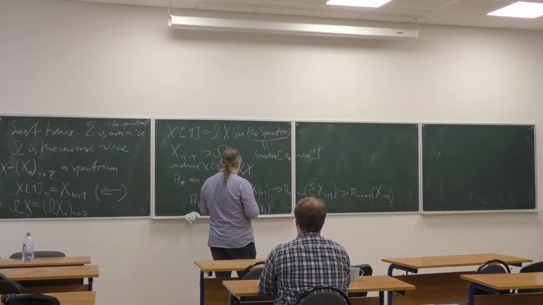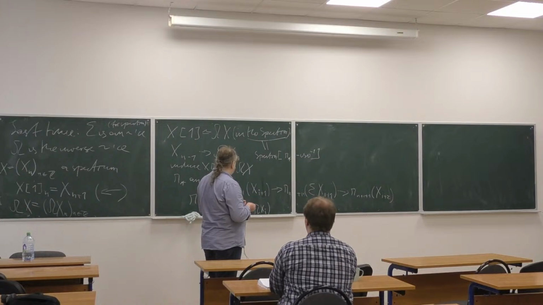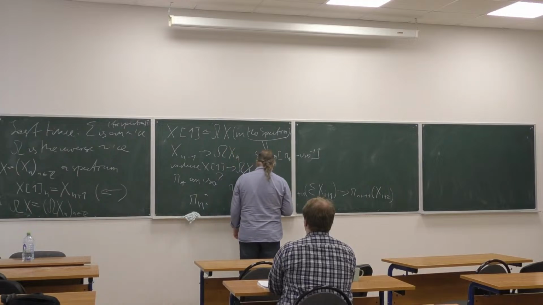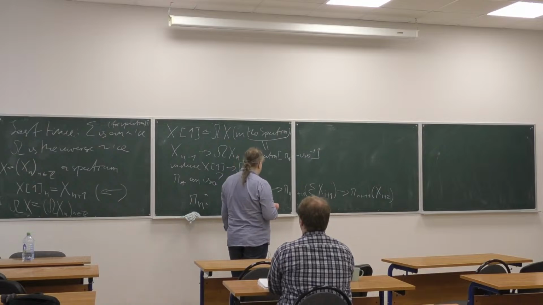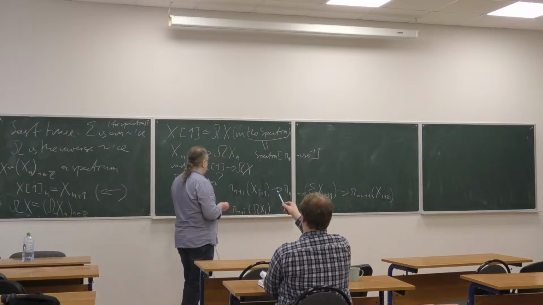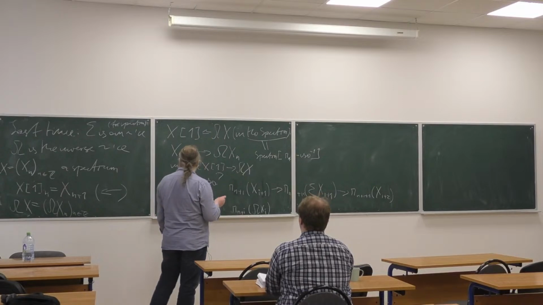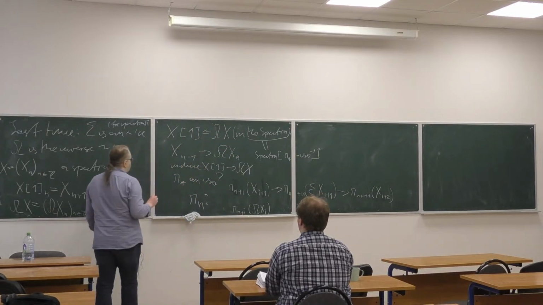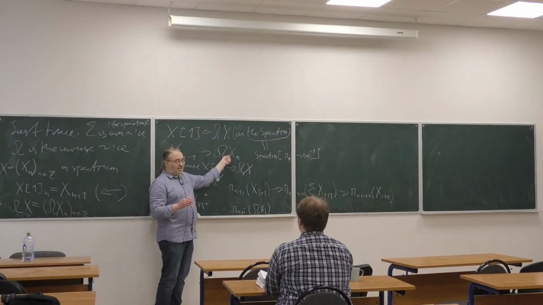I messed up the indices. So maybe the shift, like the square brackets, should have been by -1. Okay, let's see. So we have maps from xn minus 1 to omega xn.